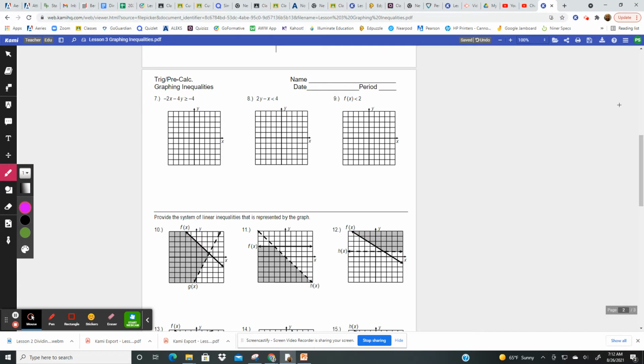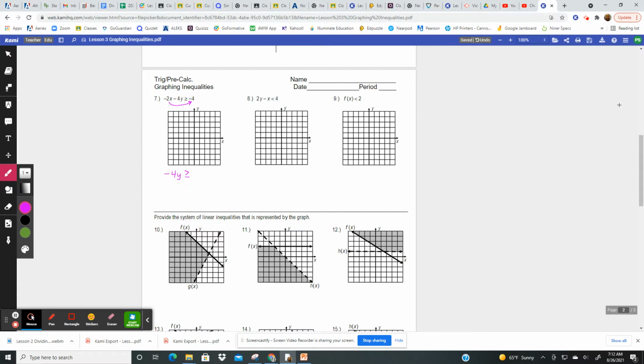Okay, so now 7, 8, and 9. I just wanted you guys to see this. If you're graphing and it's not in slope-intercept form, we're actually going to have to put it in slope-intercept form. So to do that, I need to move the x over to the other side. So I'm just going to move it over here. So I've got negative 4y, and then I've got greater than or equal to.